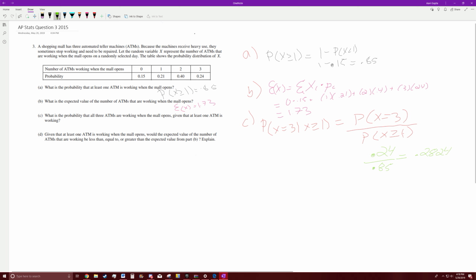So over here, you should write probability x equal to 3 given x greater than or equal to 1 is equal to 0.2824, make that clear, put a decimal. Okay, nice.